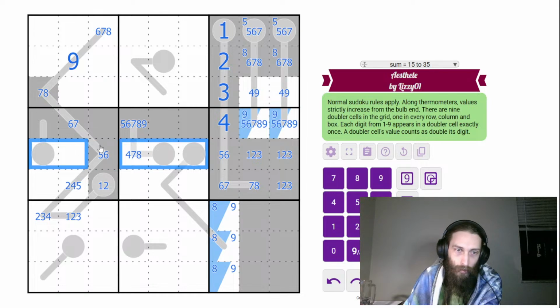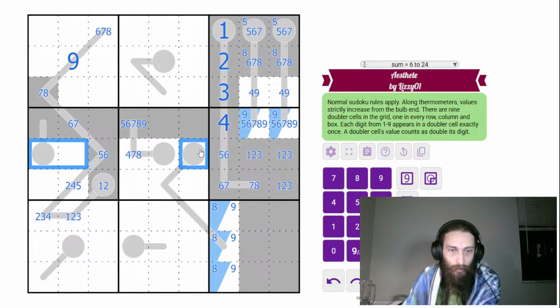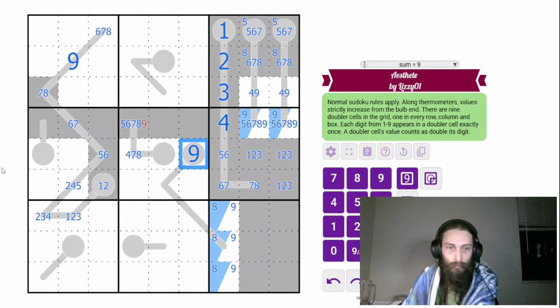We couldn't put a 9 here already. You can't put a 9 there without doubling this, without making that ridiculous. And if this was a 9, then that wouldn't work either. If I put a 9 here, then that would have to be doubled, that would have to be doubled, and that would have to be doubled. But I could double all 3 of those. No. Oh, yeah, you can.